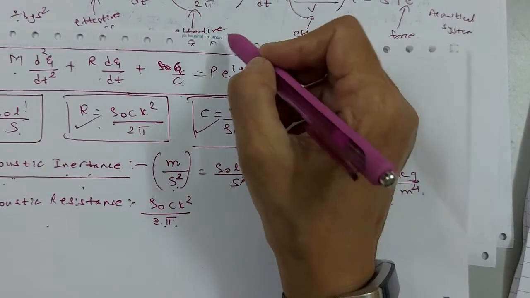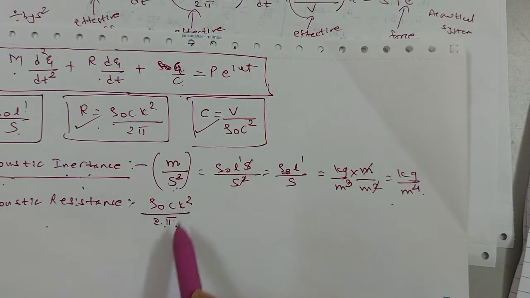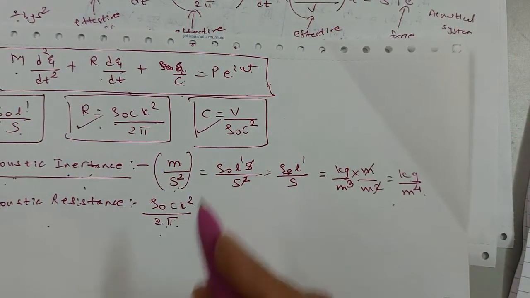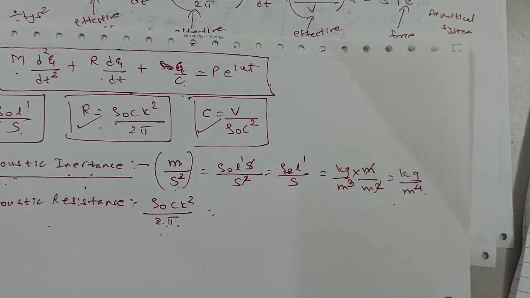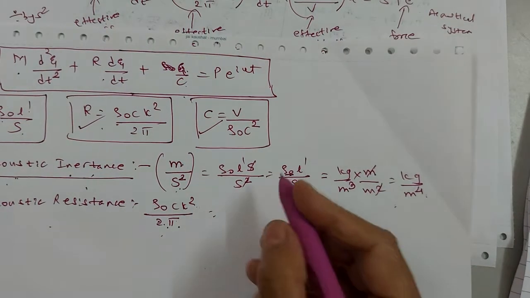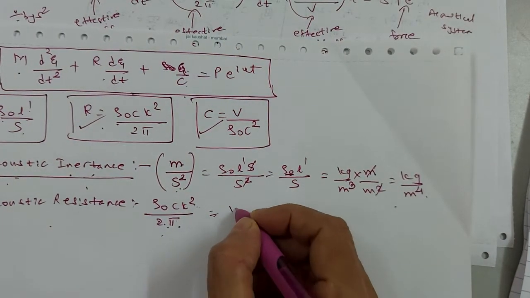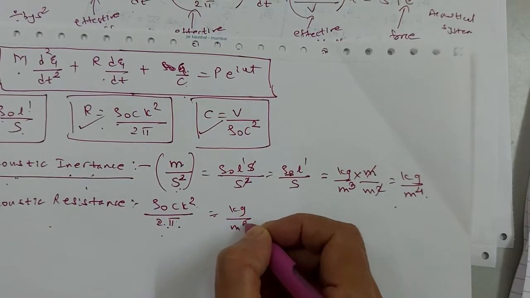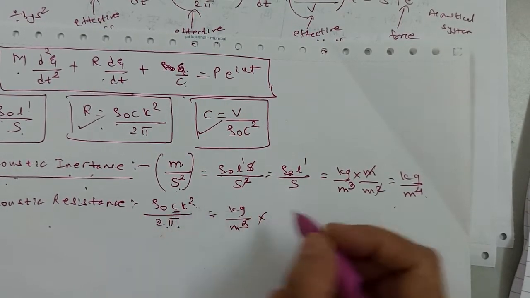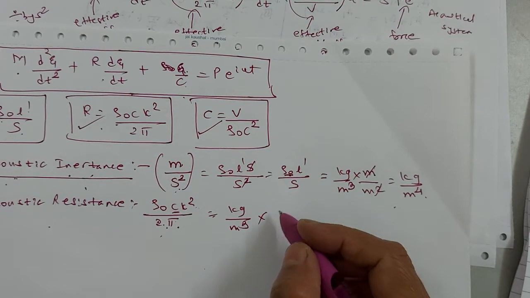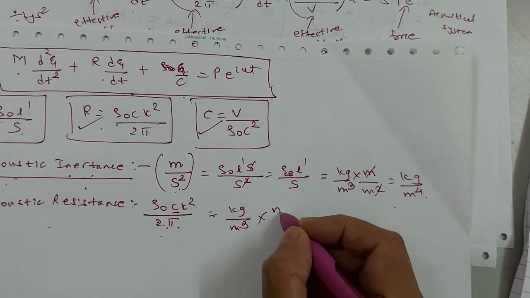And the value of R is rho 0 C K square by 2 pi, and now the unit. How will we get the unit? Again, rho 0 will be kg per meter cube. C is the velocity or speed of sound, so meters per second.